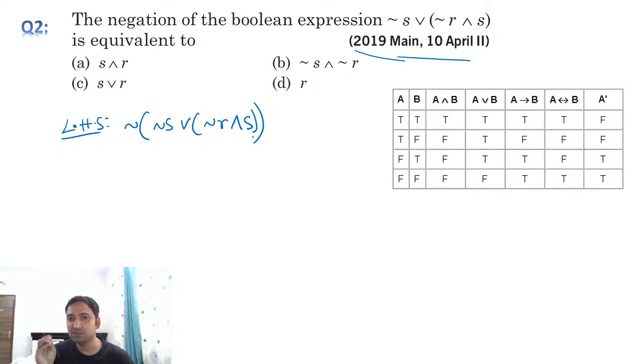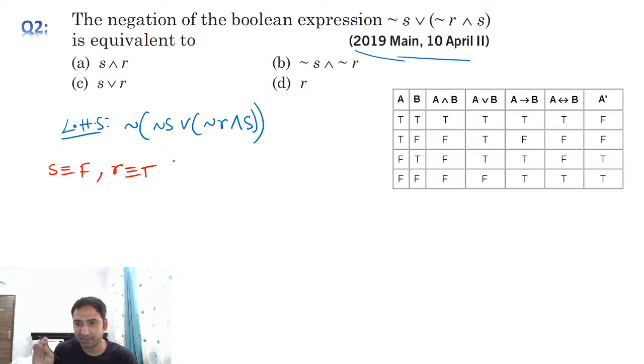So let's take one substitution. Here two simple statements are there, S and R. Let's take S as false and R as true.